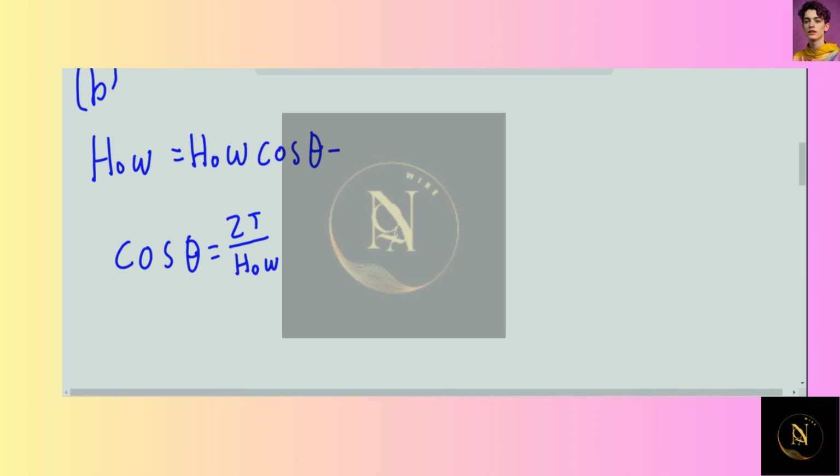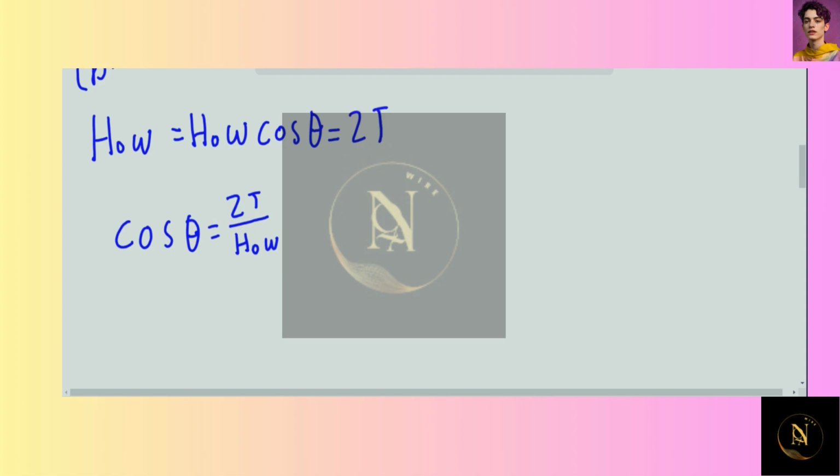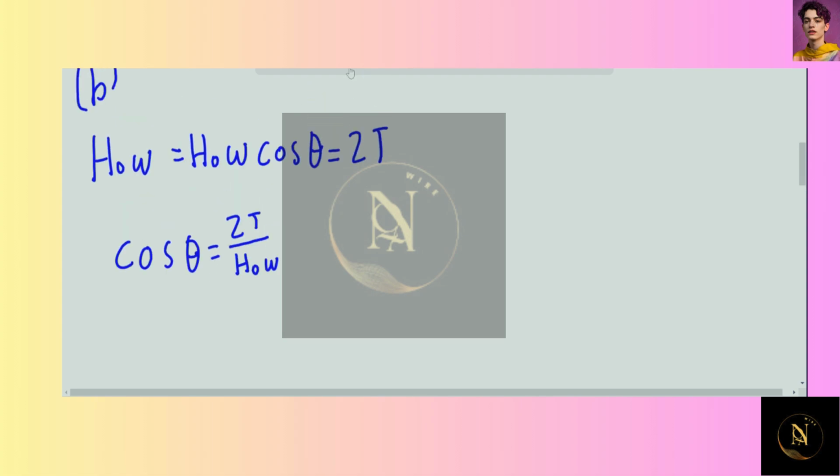Since we know that this equation up here is also equal to 2T. And from this expression on the right side, we know that this kinetic energy, this angular momentum, and this angular velocity have values that are greater than 0.